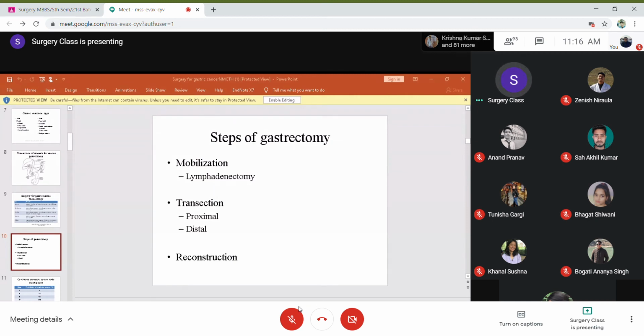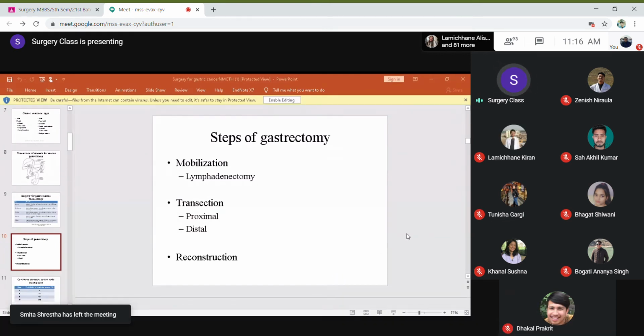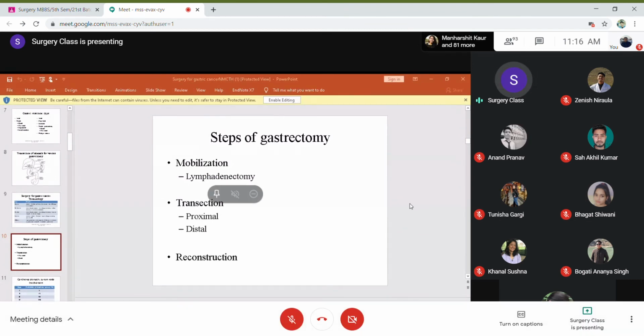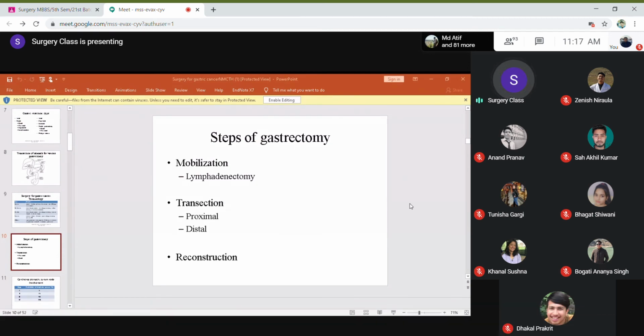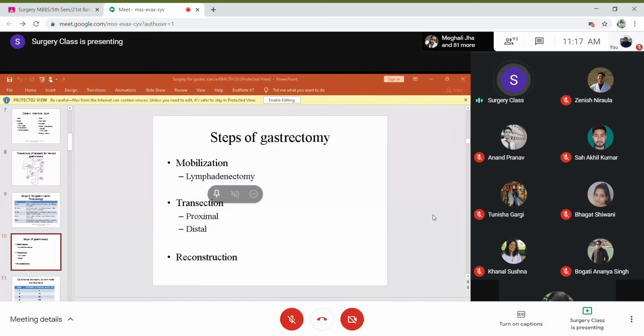Now the anterior layer of the transverse mesocolon. When you start dissecting the greater omentum, you lift it, then you reach the transverse mesocolon and you remove only the anterior layer. If you remove anterior and posterior, then you have to remove all the vessels. So you preserve the vessels, removing the anterior layer of the transverse mesocolon.